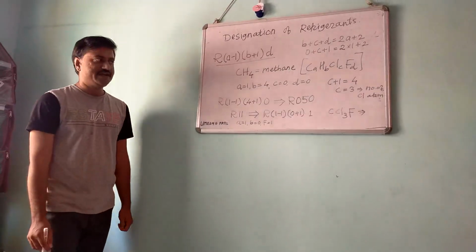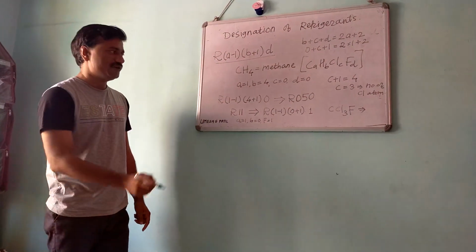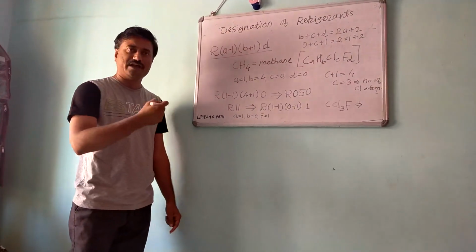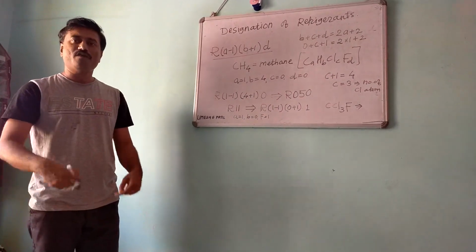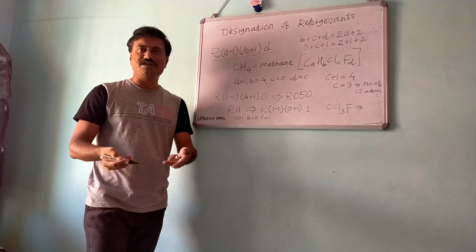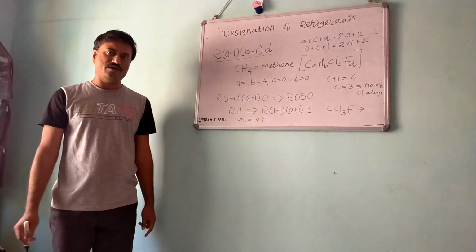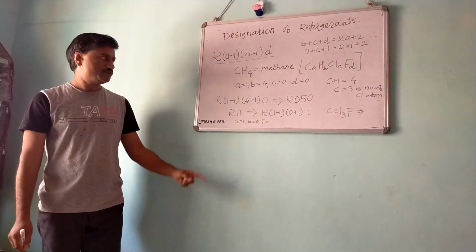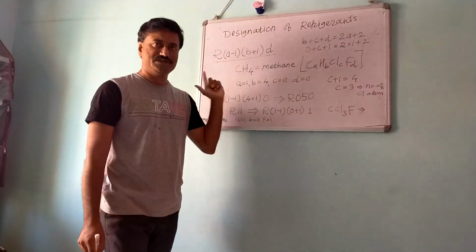So once we know the chemical formula or chemical name, we can derive the designation of the refrigerant, or vice versa. If we know the designation, we can find the chemical name and chemical formula of the refrigerant. This topic is very, very important in unit number 6, refrigerant.